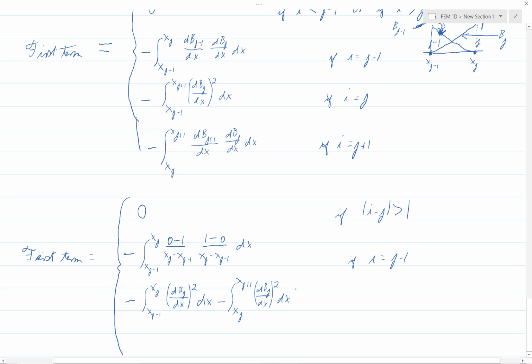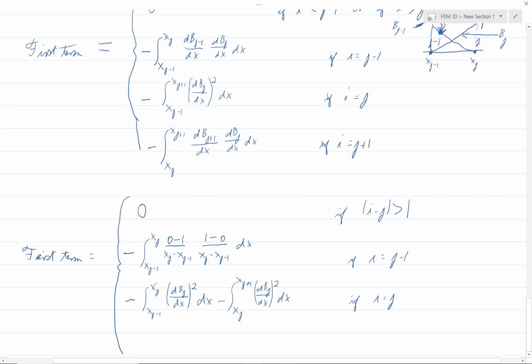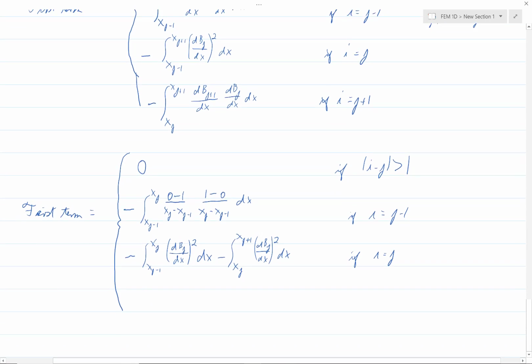And of course, the reason I'm breaking it up like that is that db_j/dx has a different expression over the first part of the region from what it has over the second part of the region. So that will make it easier for us to evaluate that.